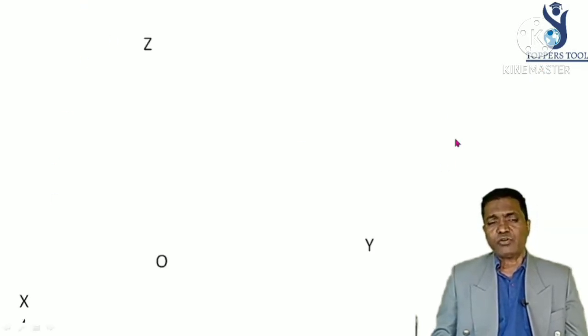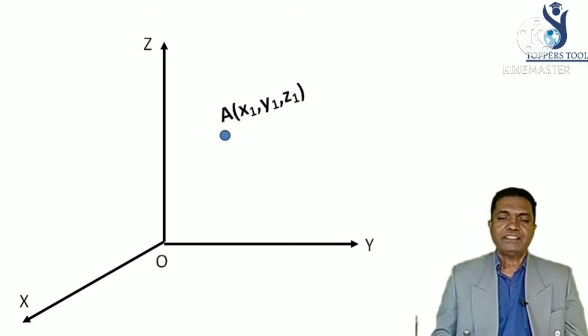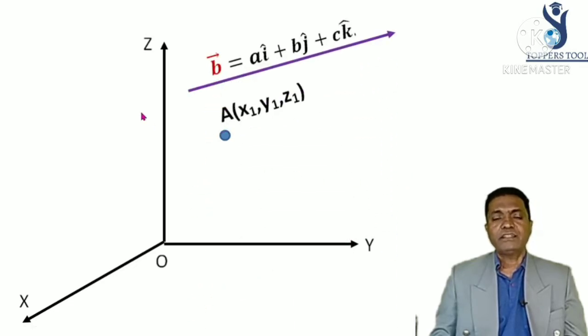Consider the x, y, z coordinate axes, and we are supposed to construct a line which passes through a point. Let A be the point (x1, y1, z1) in this space, and you want the line in the direction of vector b. You are given the direction of the required line.